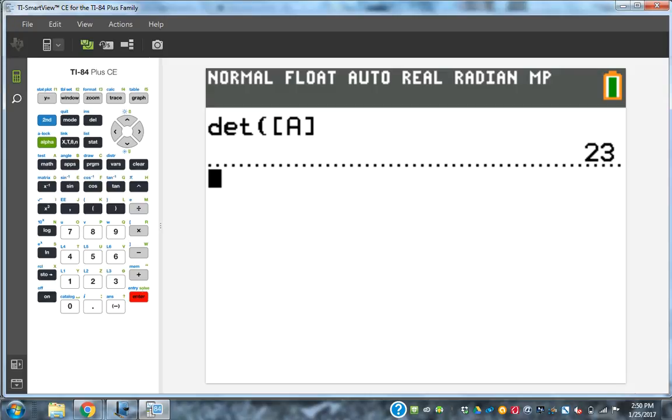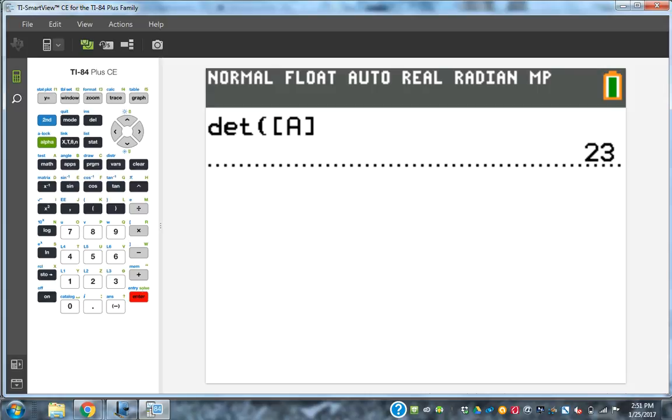2 by 2s I do by hand. Anything bigger than that, I'm going to do with the calculator because it is quite the lengthy process to do it by hand with a larger one. Even just going one step further, a 3 by 3 has 9 different operations to get the determinant, as opposed to 3 operations on the 2 by 2.